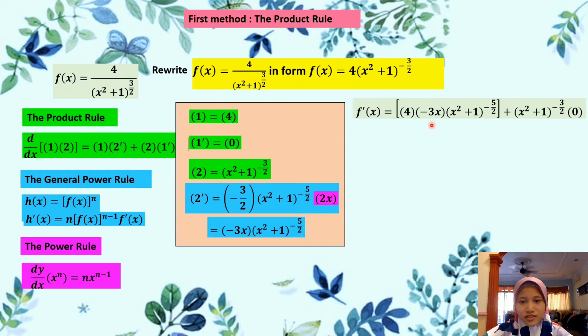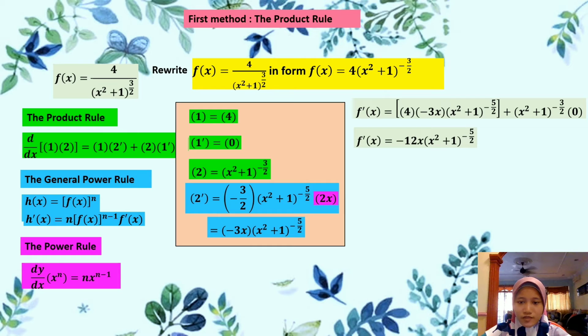2 prime is negative 3x times x squared plus 1 raised to negative 5 over 2 power. Plus, the plus is compulsory. 2 is x squared plus 1 power negative 3 over 2, times 1 prime, which is 0.